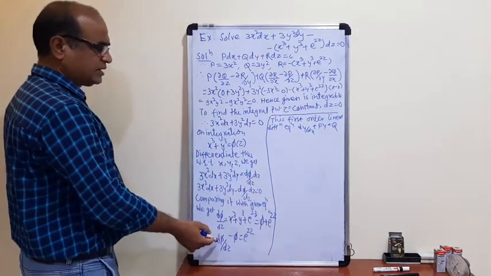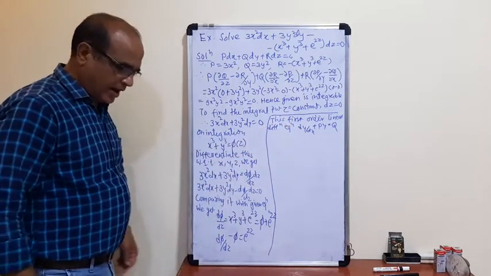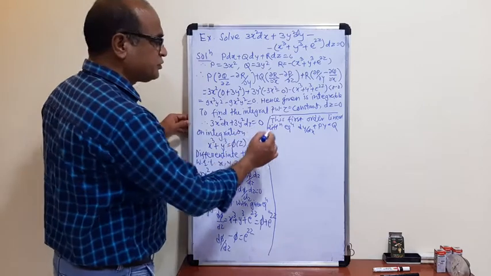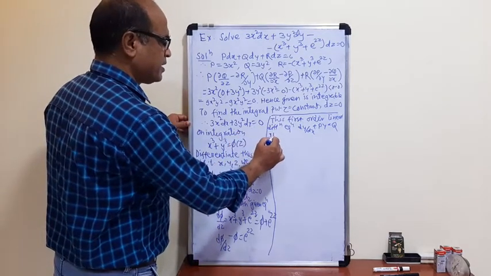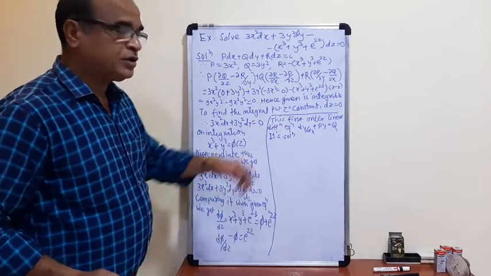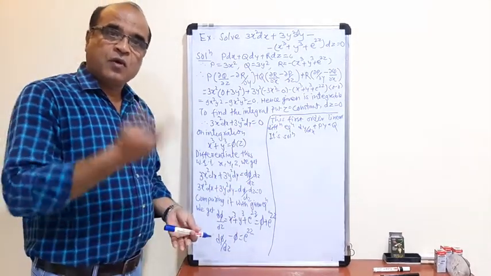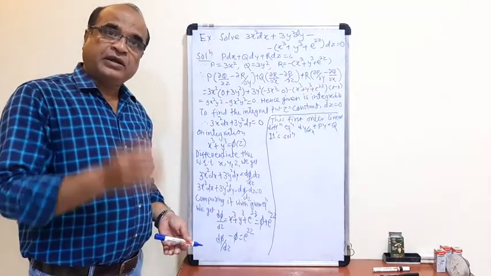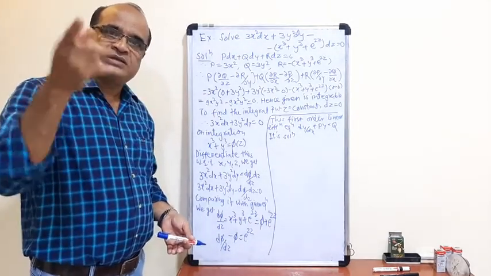So this equation is of the form dy by dx plus py is equal to q. So its solution is what? So we know the solution of this differential equation: y into integrating factor is equal to integration of integrating factor into q dx plus c.